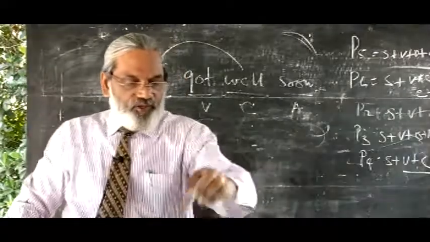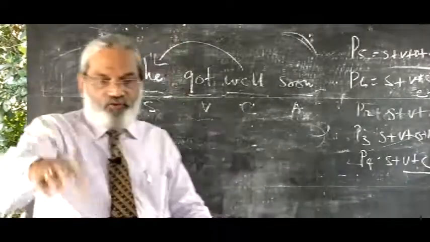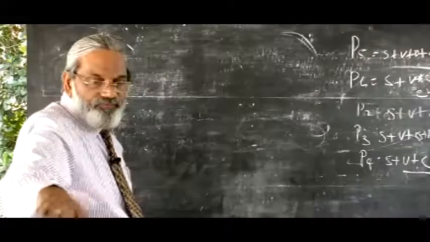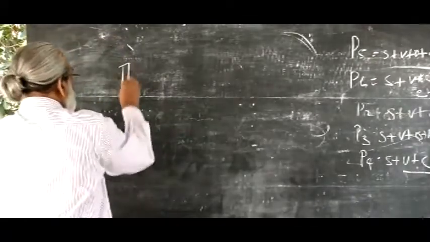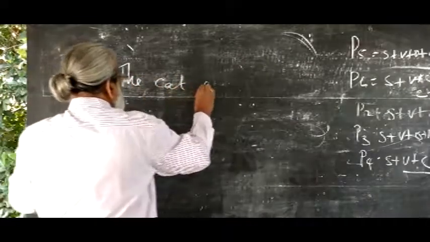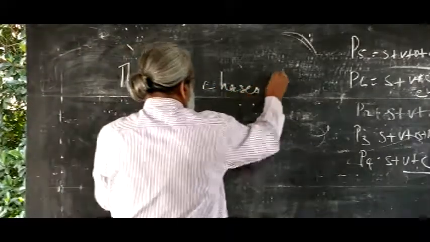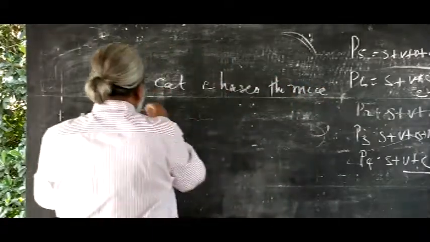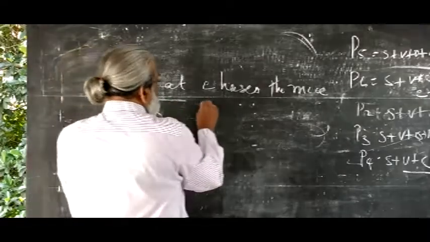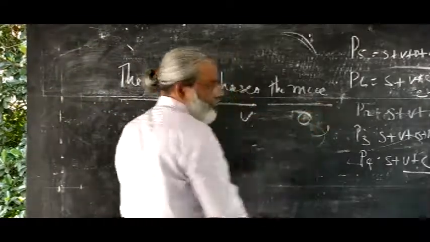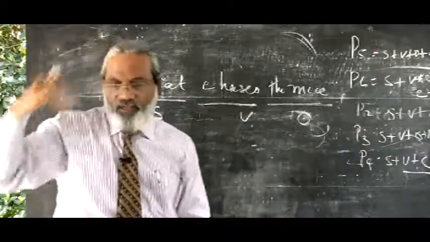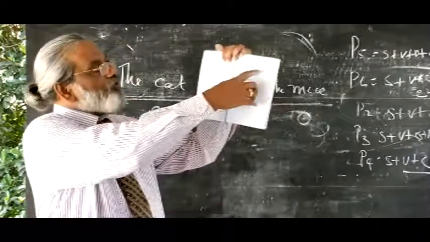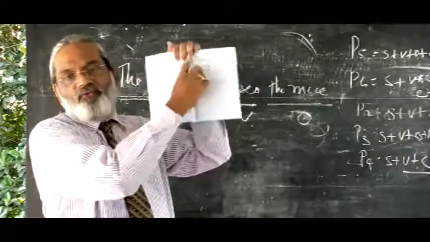Then, the cat chases the mice. Simple one. S, chases is V, mice is object. In this way, you have to cover all the areas given on page number 85.